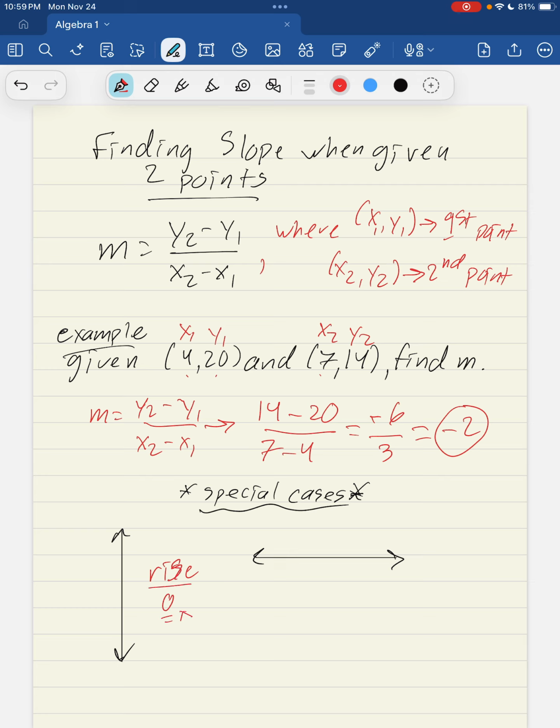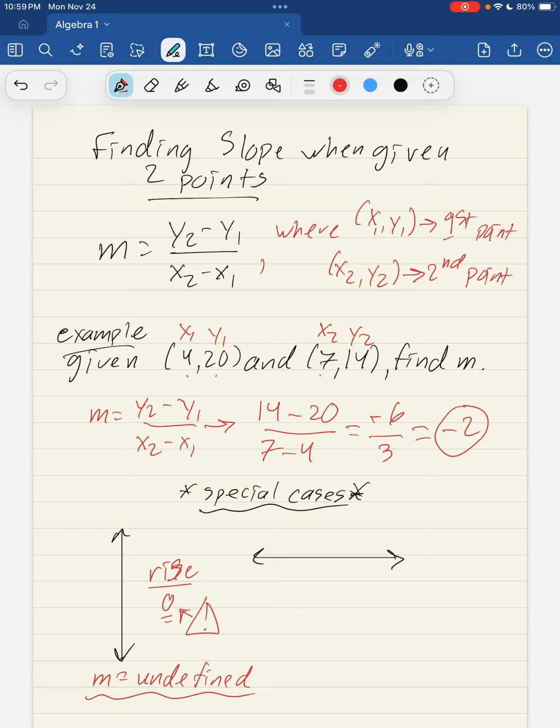We cannot have 0 in the denominator. So this line's slope would be called undefined. Why is that? Because it has some rise, but it doesn't have any run, and you can't have a 0 in the denominator. So a vertical line has an undefined slope.